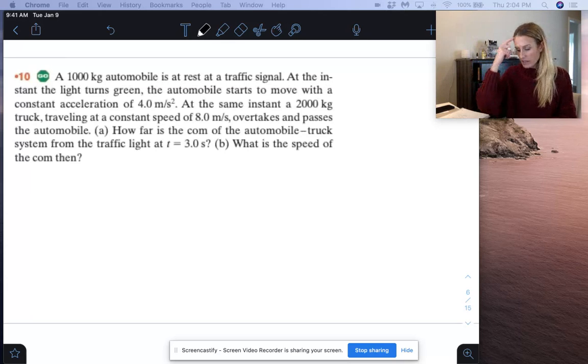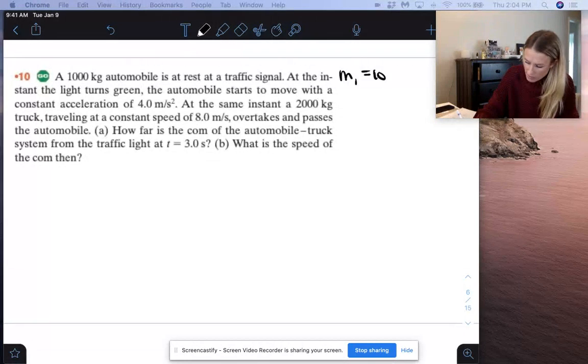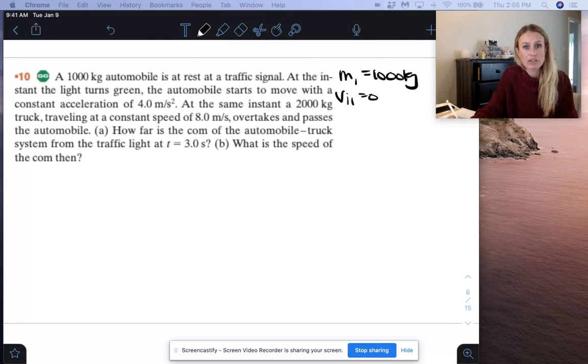So let's write down our givens first. I'll call this mass 1 is 1,000 kilograms. And then I know that it's sitting at the traffic light, so the initial velocity of mass 1 equals 0 meters per second. I also know that it has an acceleration, I'll call this a of mass 1, of 4 meters per second squared.